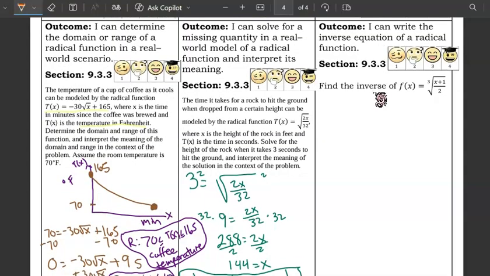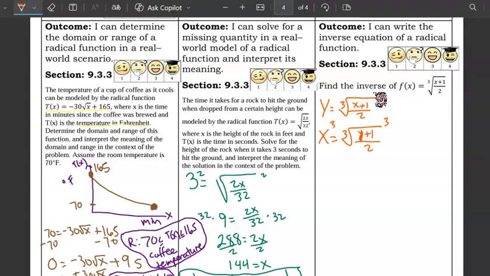Outcome: I could write the inverse equation of a radical function. Find the inverse of f(x) = ∛((x+1)/2). Step 1: Let f(x) equal y. The second step, swap x and y. And then solve for the new y.